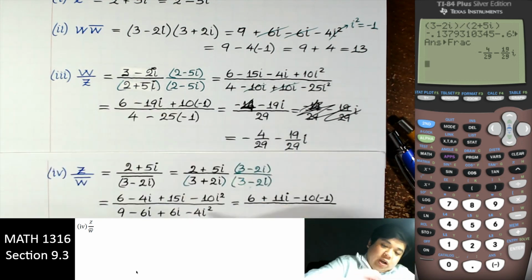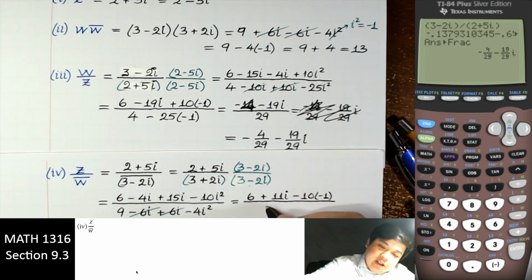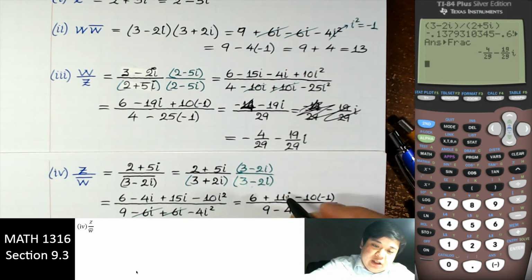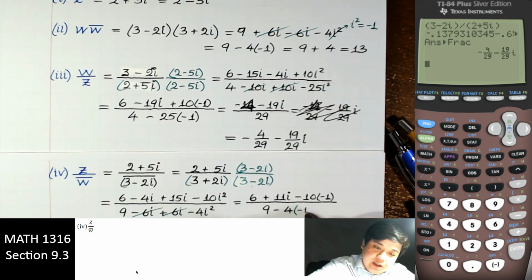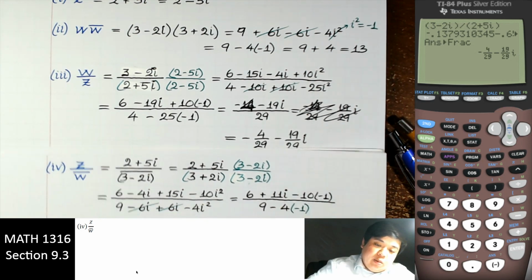The 6i and 6i cancel out. We have 9, and i squared is negative 1.